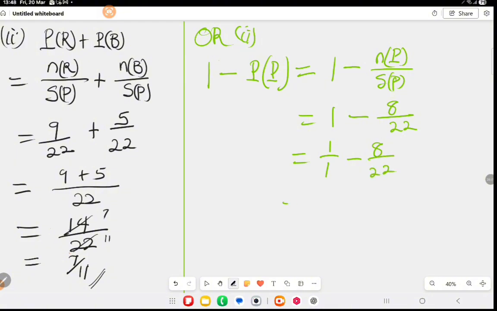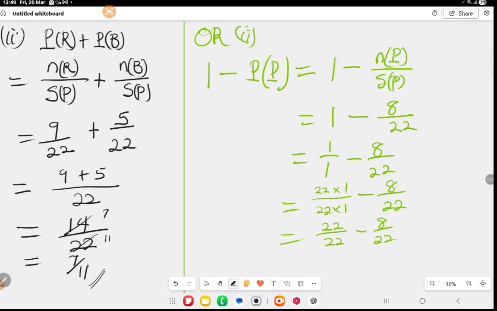Now we continue. We make the denominators equal: 22 times 1 all over 22 times 1, minus 8 all over 22. When we multiply out, we have 22 all over 22 minus 8 all over 22.